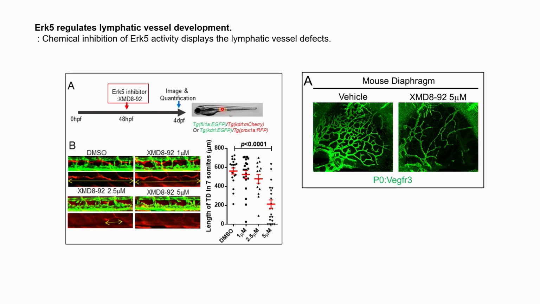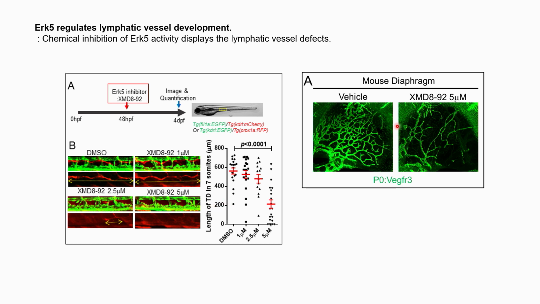We imaged this region in the transgenic line. Here, green is for blood vessels and red is for lymphatic vessels. ERK5 inhibitor treatment affected lymphatic vessel formation in a dose-dependent manner in the zebrafish embryo.